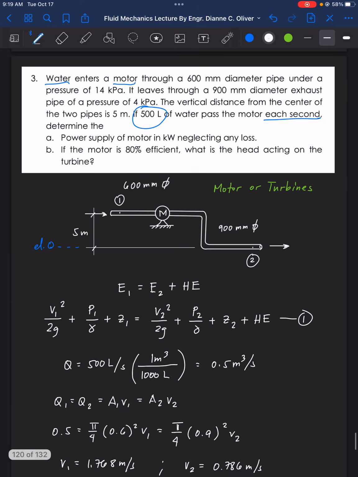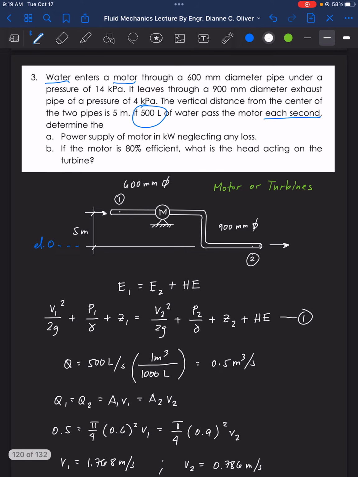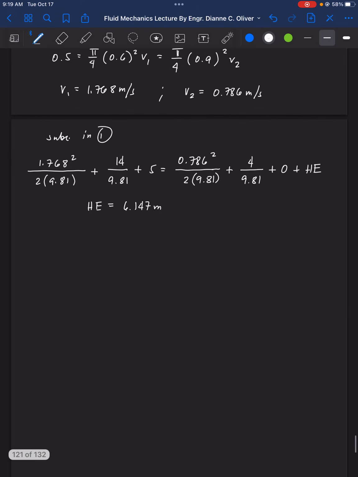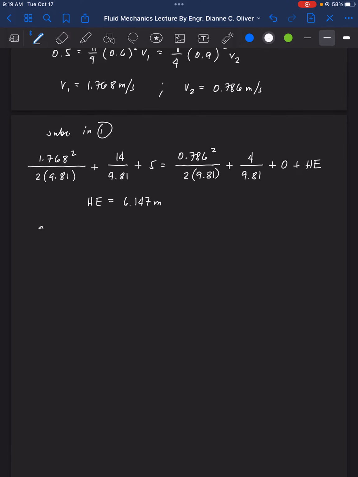So, the question, power supply for letter A. Power supply of the motor in kilowatt, neglecting any loss. So, no head loss. For letter A, we will use again the formula power is equal to Q gamma E. Now, this time, our E here is the head extracted.